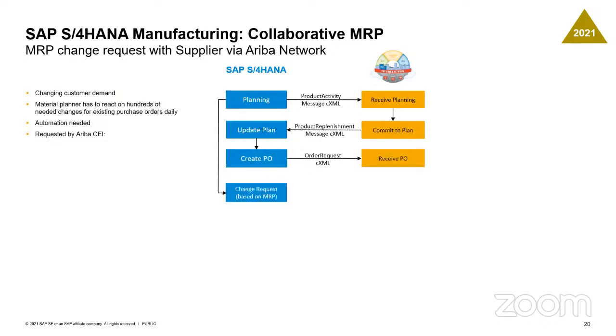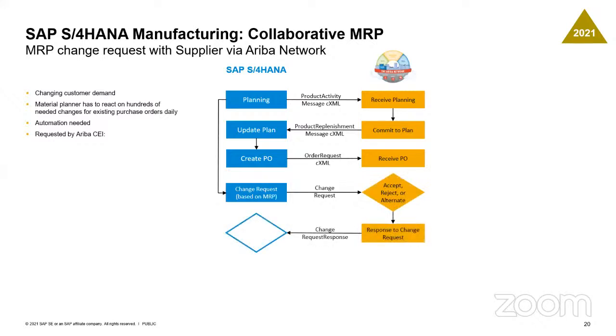After that, you may come across situations for changes at the plant level, which need to be communicated. It goes via a flow chart of acceptance, rejection or alternate, and this segment of the process flow chart is addressed using this process, wherein we have acceptance or rejection for the MRP changes.